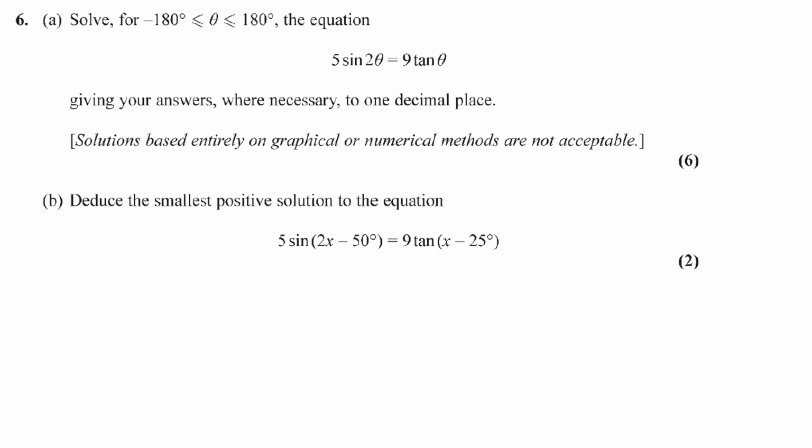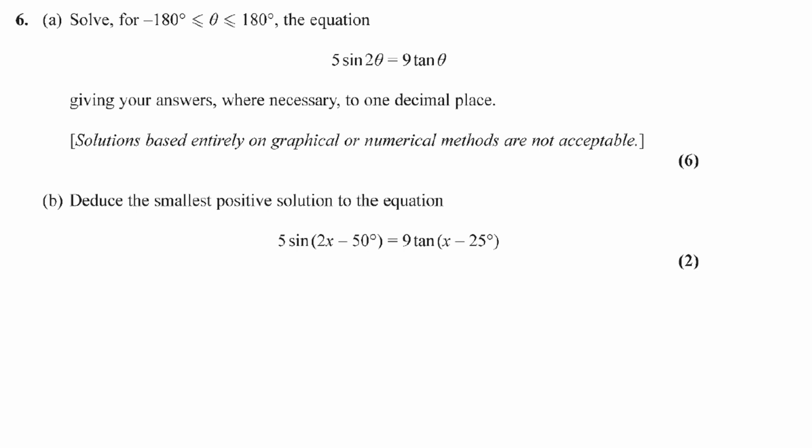Got another trig equation to solve here. This time it's in degrees, so do make sure you can toggle between being in degrees and radians on your calculator. Again, we've got sine 2 theta, so we can use that identity that sine 2 theta is 2 sine theta cos theta, and we've got to solve this.